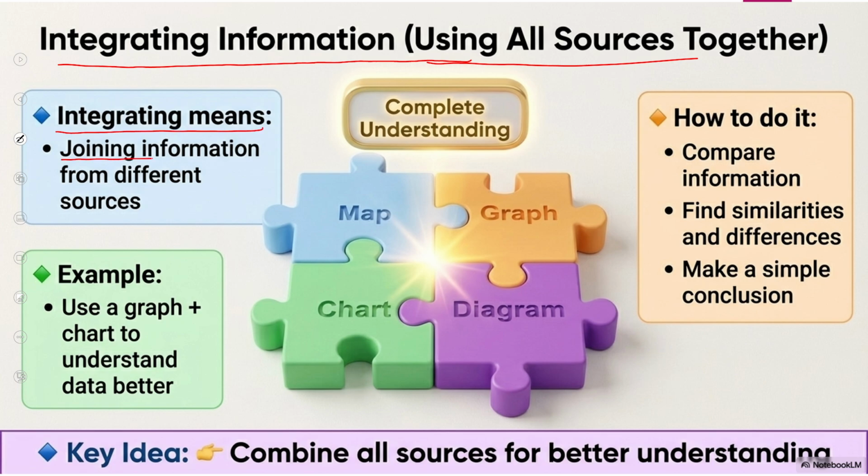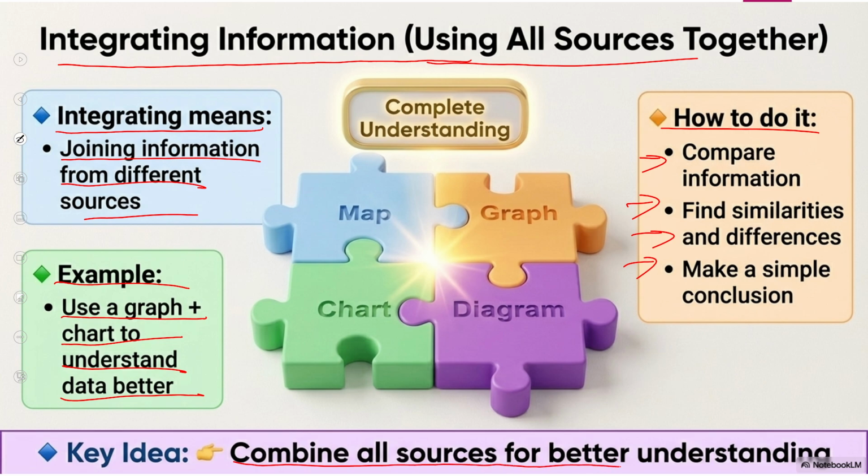Integrating means joining information from different sources, right? Look at the example. Use a graph or chart to understand data better. Definitely. How to do it? Compare information, find similarities and differences, and make a simple conclusion. Combine all sources for better understanding.